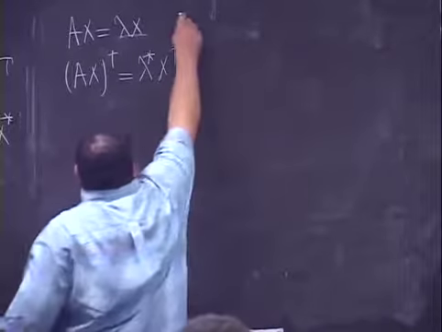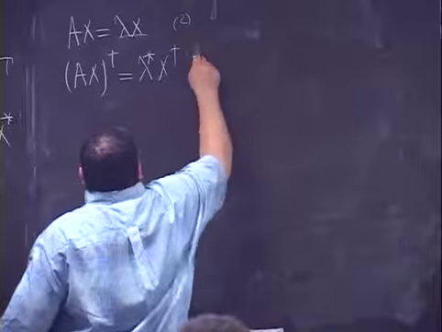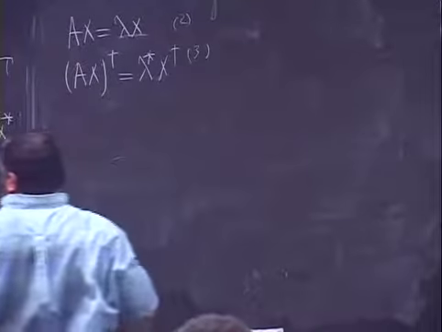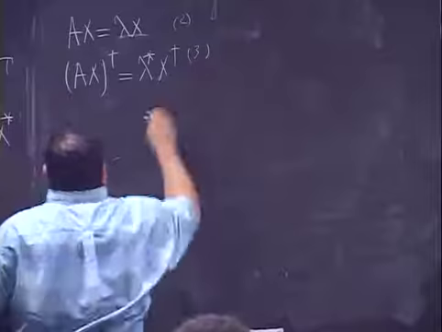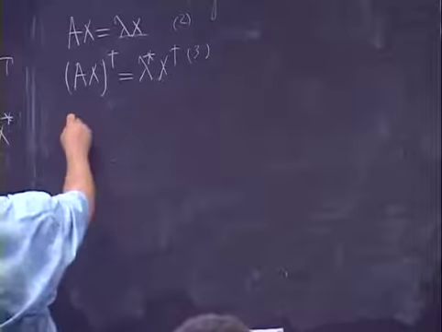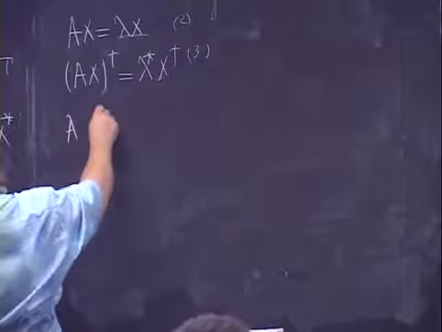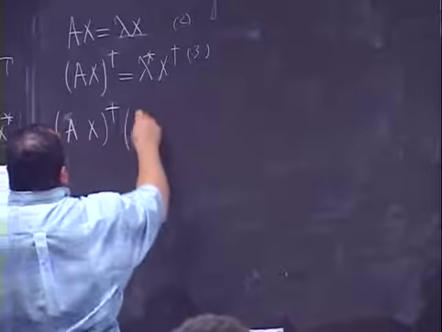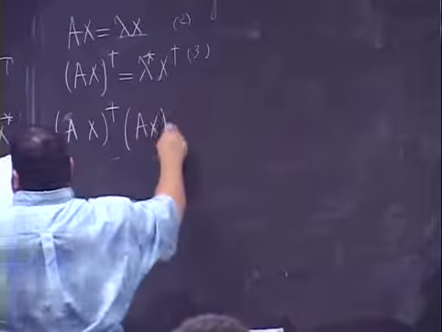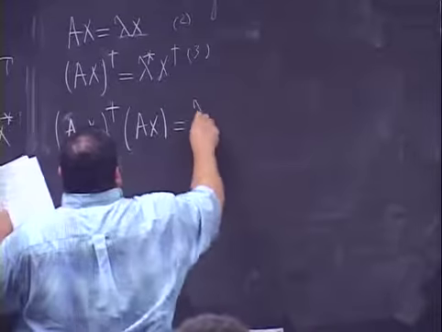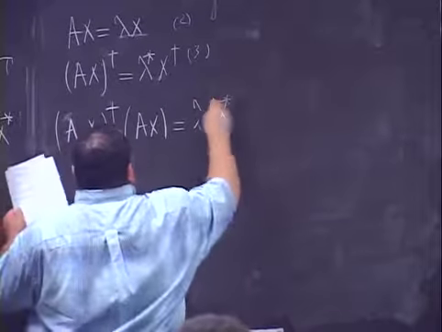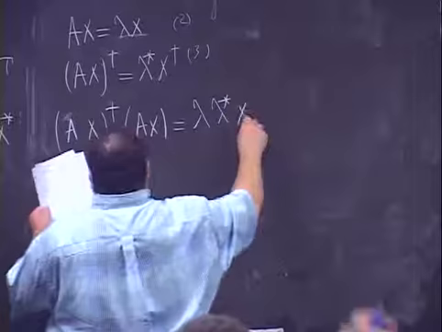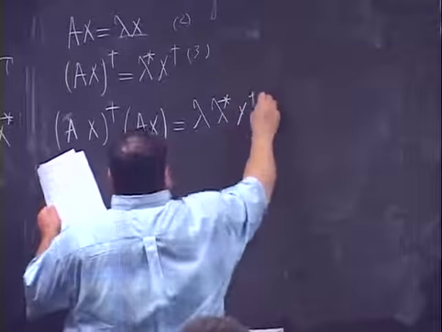So this is call it 2, and this is call it 3. If you multiply 2 by 3, this will give you AX adjoint multiplied by AX, and this will be lambda complex conjugate multiplied by X.